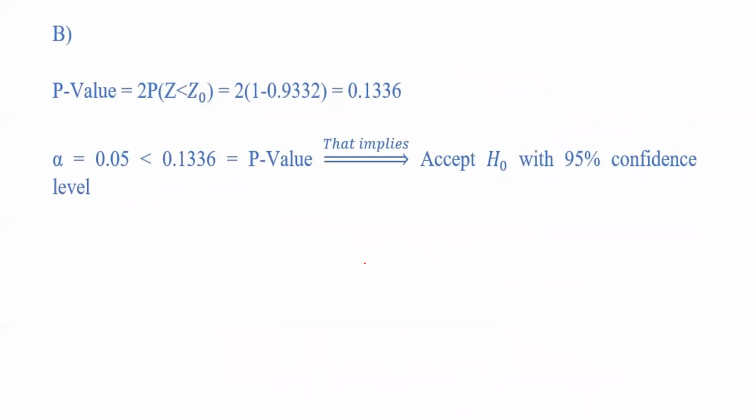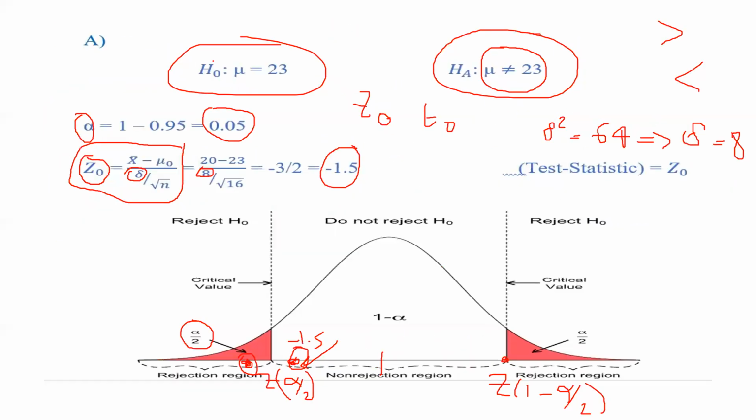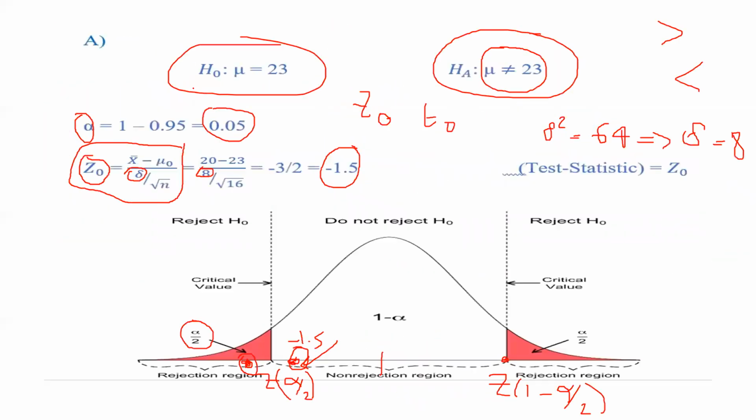What if we want to run the test using p-value? The last one was using test statistic. So for this one, first I need to calculate Z0 anyway, our test statistic. Here I have no other choice to find my z0, which we found here.